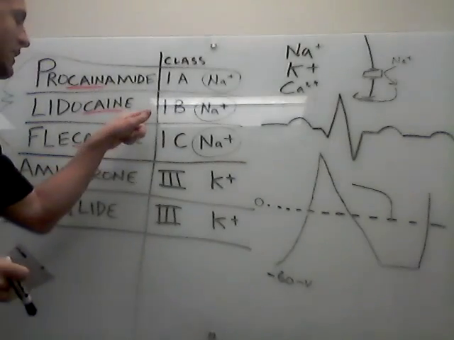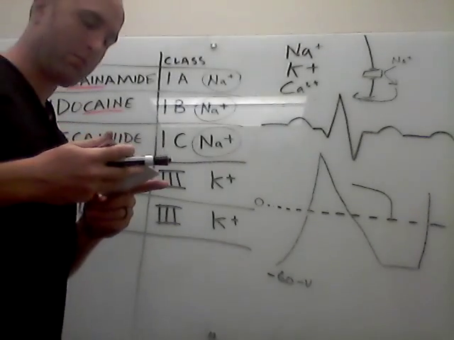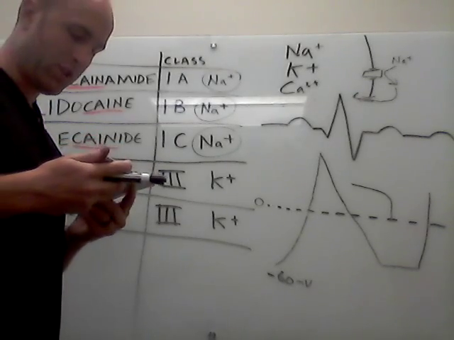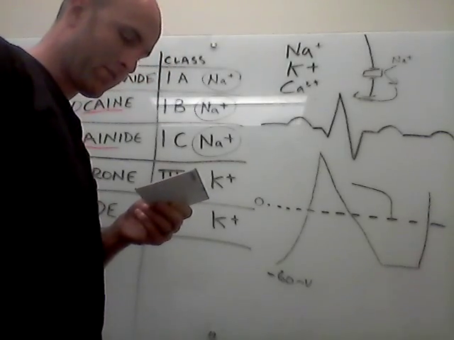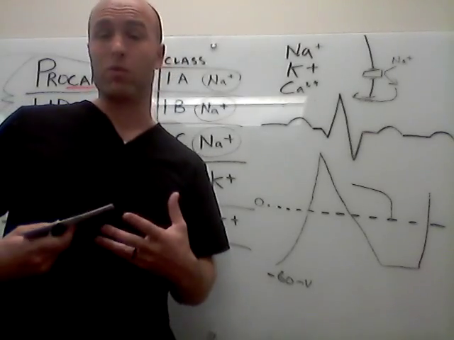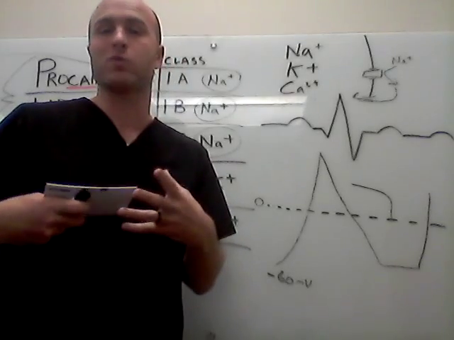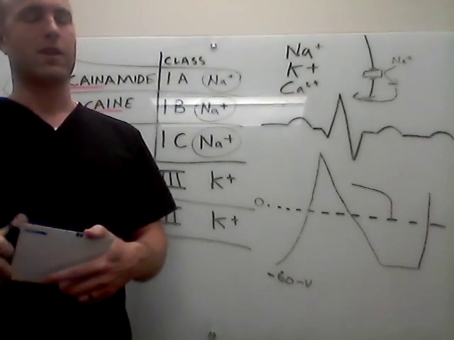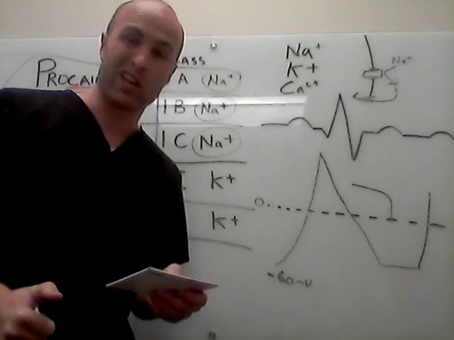Lidocaine is a class 1B sodium channel blocker. So it does mild sodium channel blockade. You use it for treatment of acute ventricular arrhythmias caused by myocardial ischemia. So if the demands of a person's heart for oxygen become really high and it's not getting enough oxygen, the ventricles become ischemic, which means they don't have enough blood carrying oxygen, and that can sometimes trigger an acute ventricular arrhythmia.